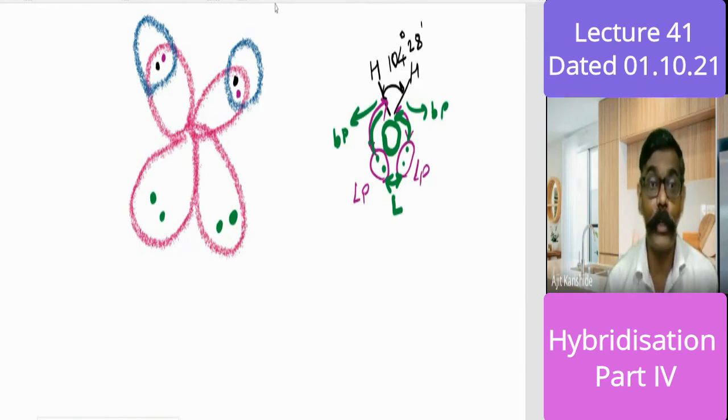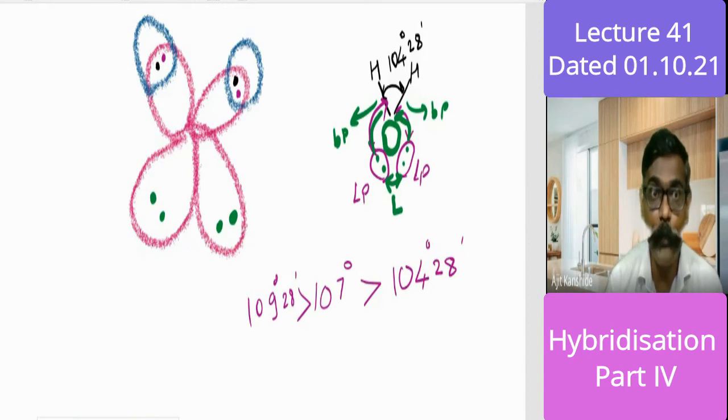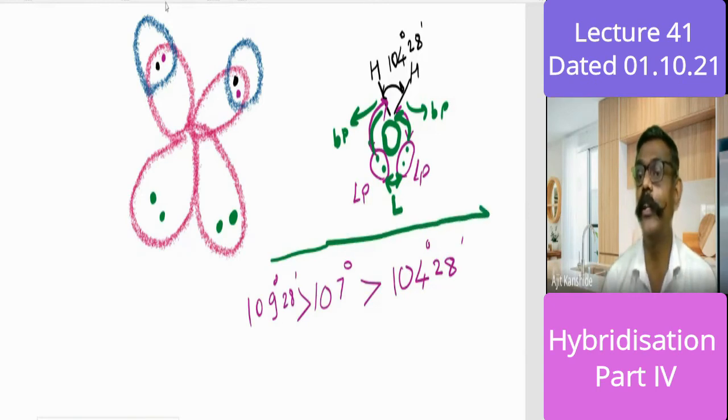What has happened in case of ammonia? In ammonia, the angle was 107 degree, and I was saying that this angle is less than 109 degree 28 minutes. In case of water, what happened? That angle decreased further and came to 104 degree 28 minutes. So in ammonia we concluded that we are approaching towards 90 degree, and in water we are further approaching towards 90 degree.